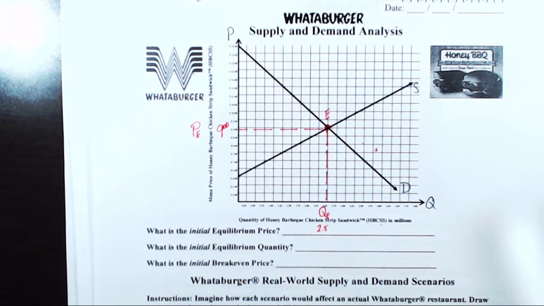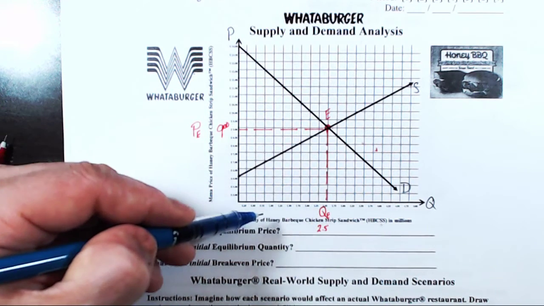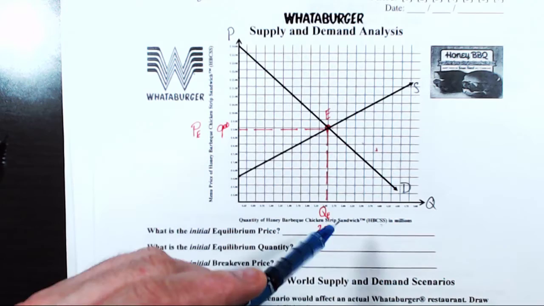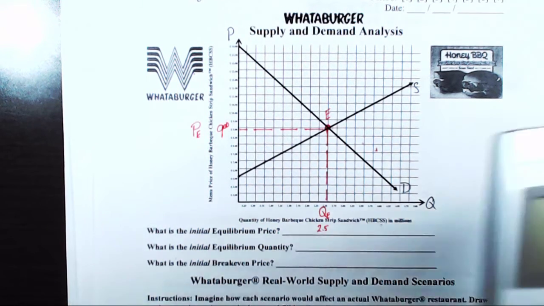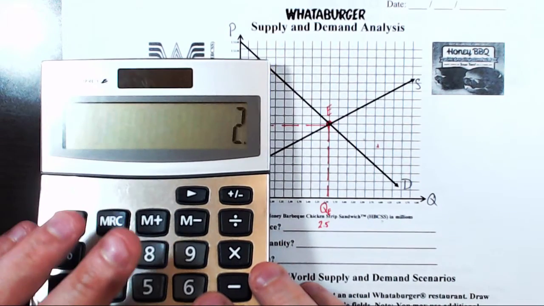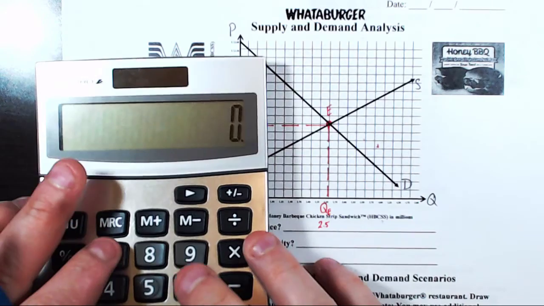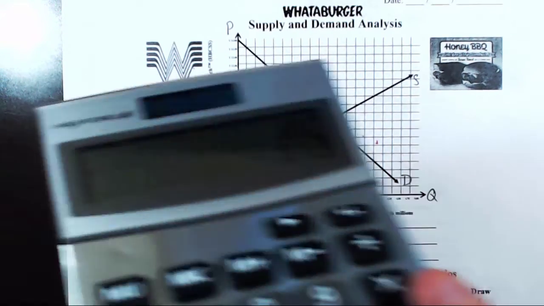So how do we model that change in supply? Well, we start with 2.5 million and we reduce the quantity supplied by 750,000 sandwiches. Since this is denoted in millions of sandwiches, we'll take 2.5 million minus 0.75 million to find a new quantity supplied of 1.75 million.